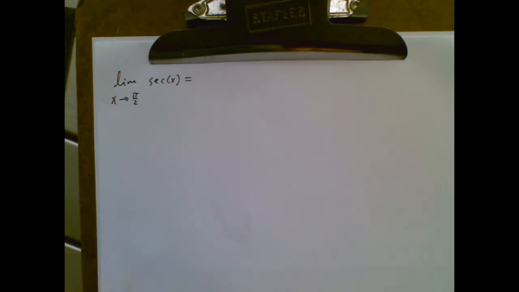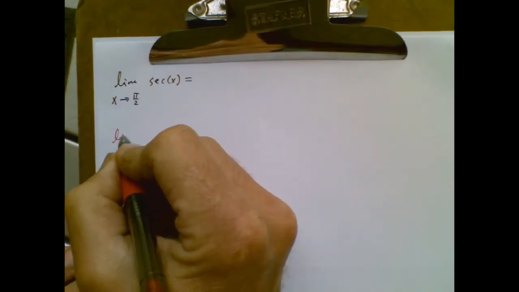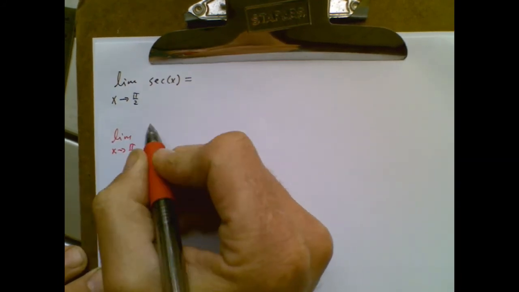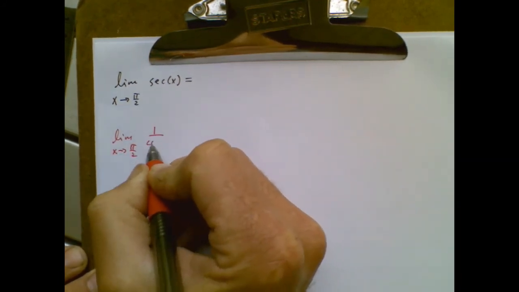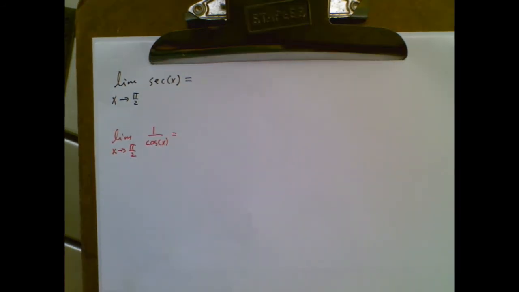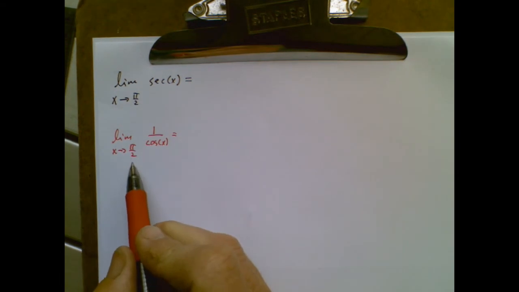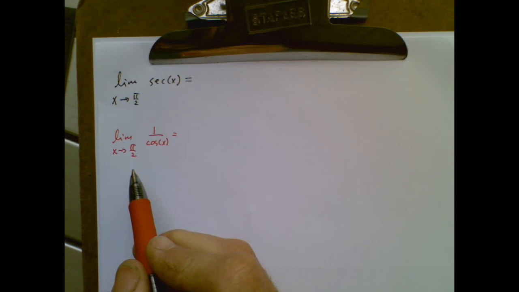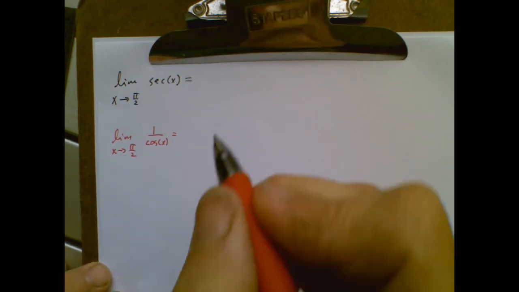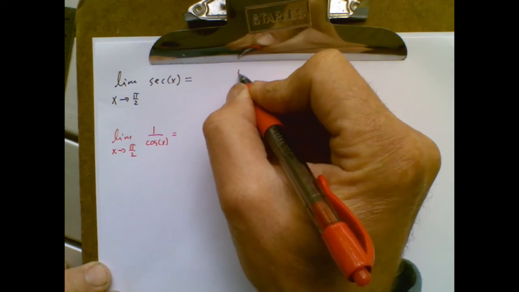Well, if you don't like working with secant, and there's a good chance you don't, why not just rewrite this in the form of something you do feel comfortable with, which is cosine. Secant is 1 over cosine, so let's go with that. Now, also, they're just asking for as x approaches pi over 2, so we have to do the left and the right hand limit. So I'm going to start with the left hand limit.